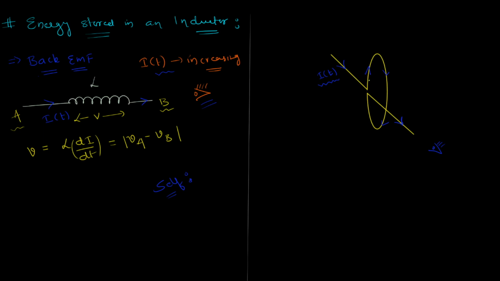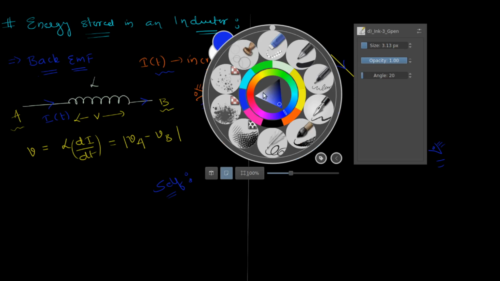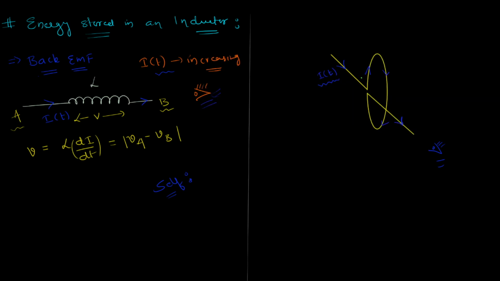This current as seen from here, or this same I, standing here and watching, is clockwise and increasing. And if you use your right hand rule, the magnetic field due to this is going to be in this direction, along the axis itself.